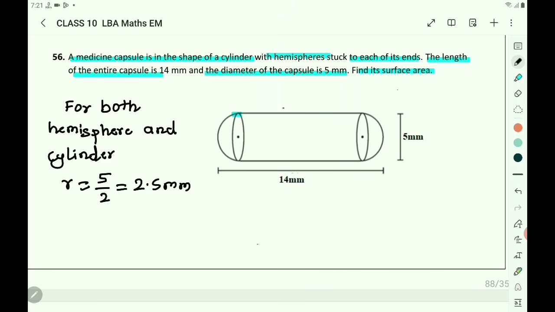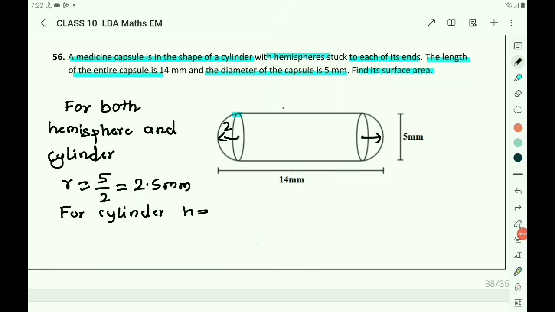Then for the cylinder, h equals the entire length of the capsule, given as 14 mm, and we have to subtract the radius of the two hemispherical portions, that is 2.5 and 2.5. 14 minus 2.5 plus 2.5. 14 minus 5 is 9.